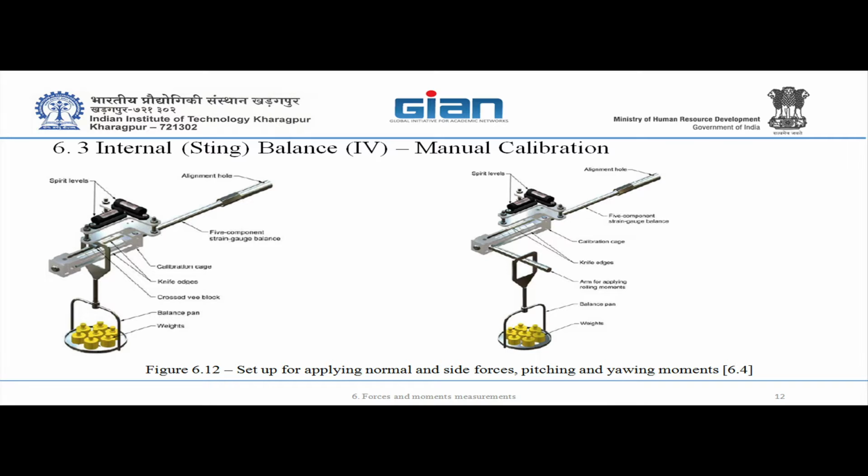The balance center will be somewhere in the middle of the balance. In the right-hand setup, you measure rolling moment, pitching moment, and normal force, N1 and N2. That's it. Three components only: one force and two moments. That's the maximum you can have.